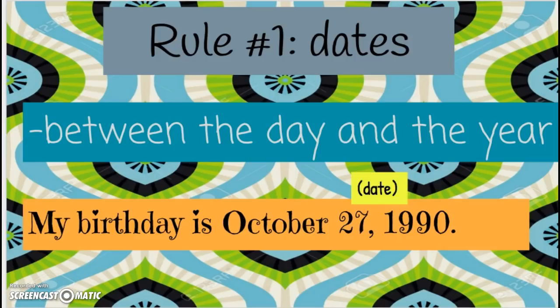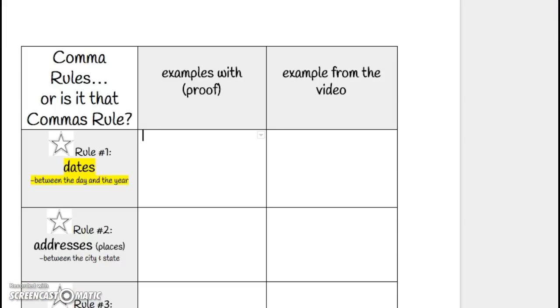So on your notes, you're going to be writing this example sentence. So I'm going to be writing, my birthday is October 27th, 1990, period. Now after I write my sentence, I also need to give some proof and identify the rule.